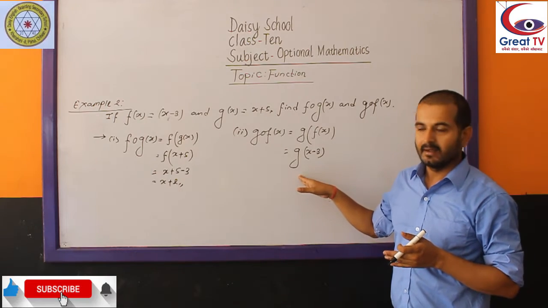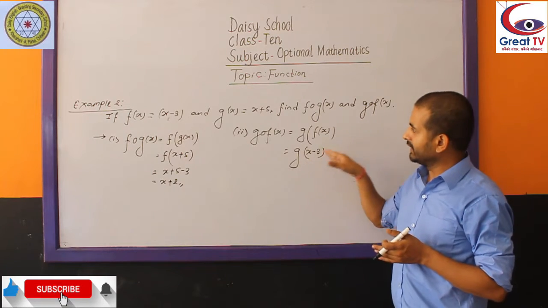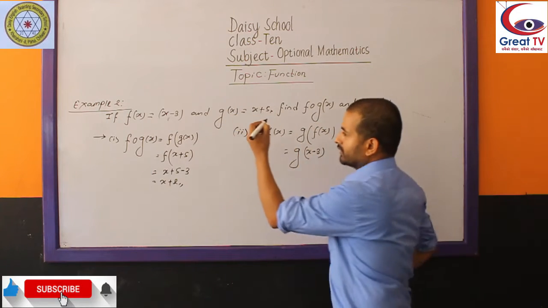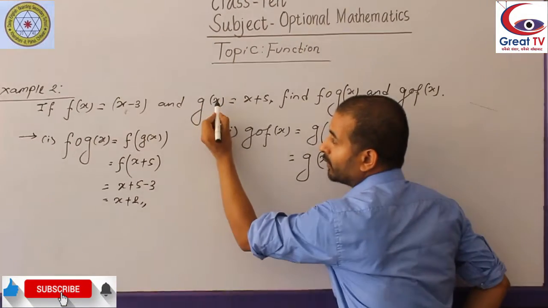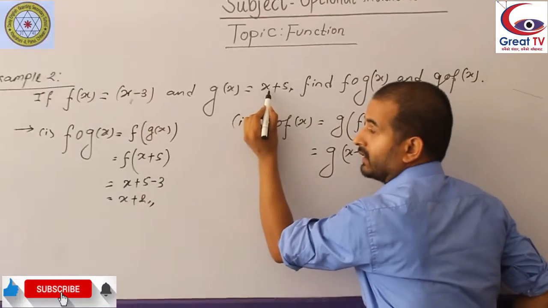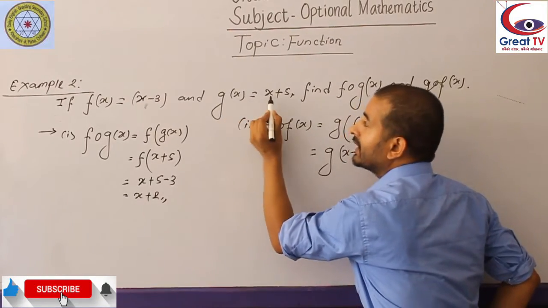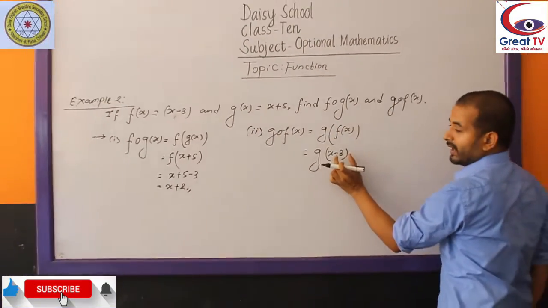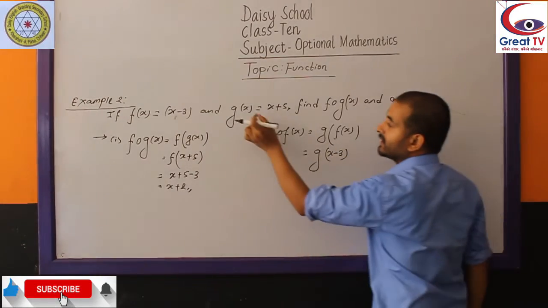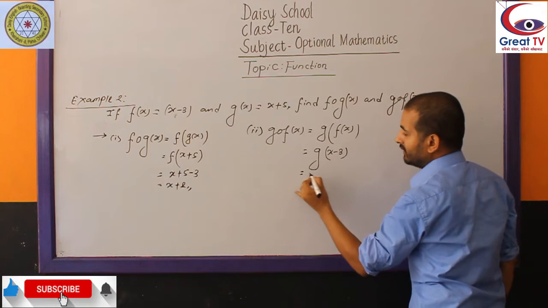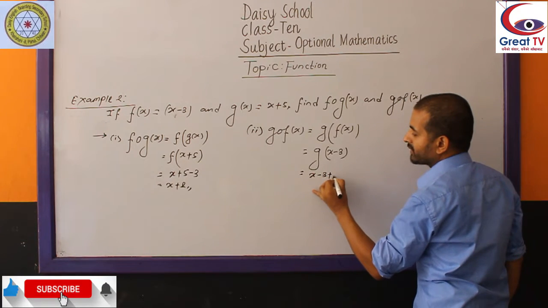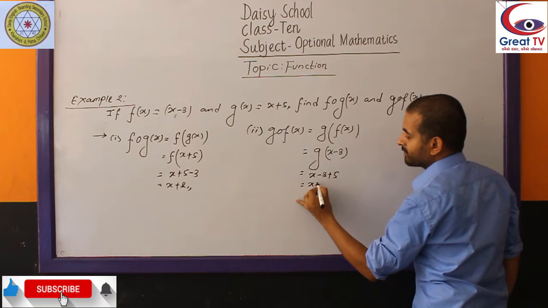Don't forget that. If you give one input here, the output here will be 1. If you give 2, it will be 2. Now the input here is x minus 3, so here will be x minus 3. Now x minus 3 plus 5, this is x plus 2.